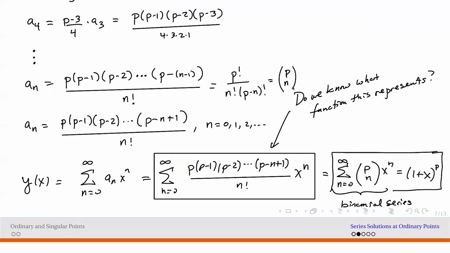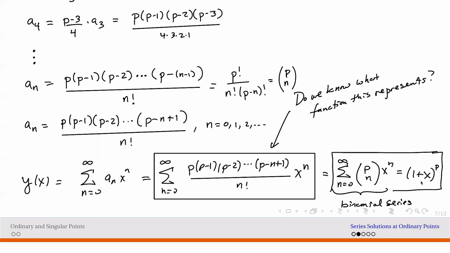Sometimes you'll be able to find the general term of the sum and write down a nice-looking formula, but you won't know what function that power series represents. And then the best of all worlds is where you can write down a ridiculously simplified formula that looks great and you know what function it represents.